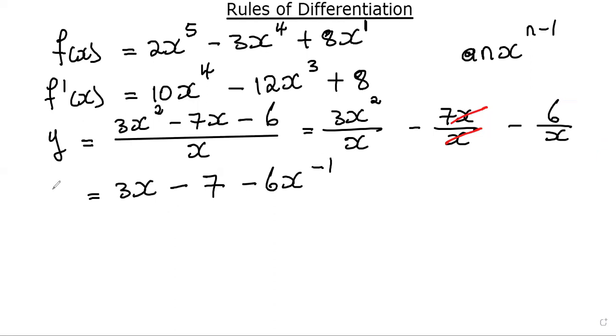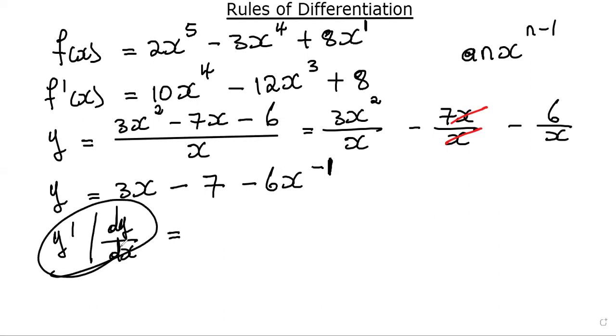So now our function is ready for differentiation. And it's up to you which notation you use. You can choose to say y prime, or you can choose to say dy dx, the derivative of y with respect to x. But you have to say one of these two.